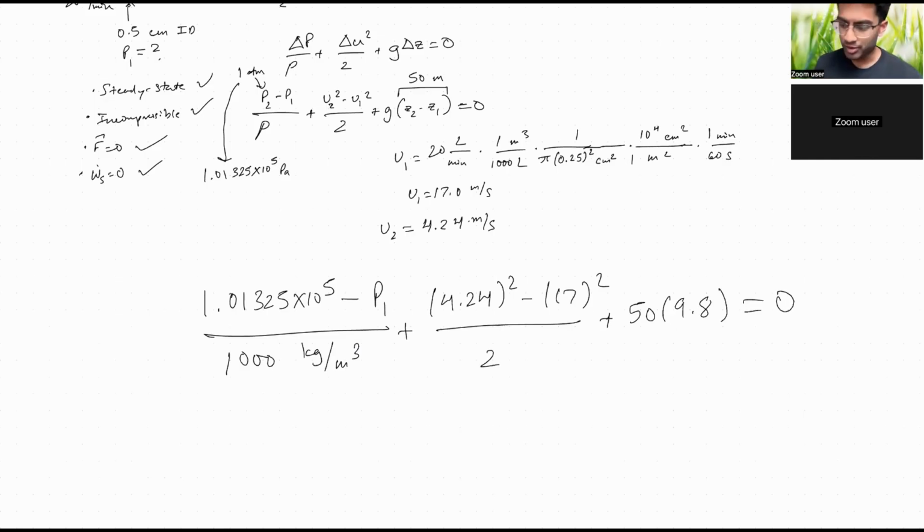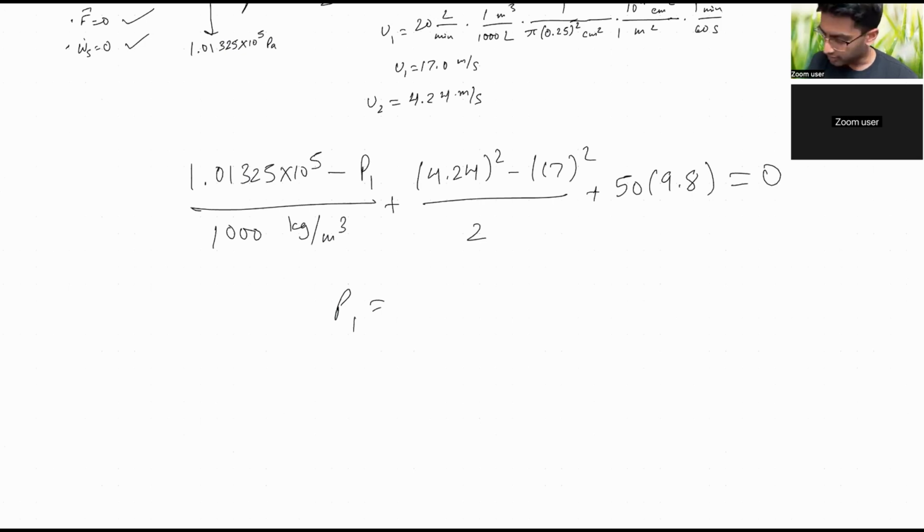And now this is just algebra. We can solve for P1, which gives us 4.56 times 10 to the 5th pascals, which, converting into atmospheres, gives us roughly 4.5 atmospheres. This is the final answer.